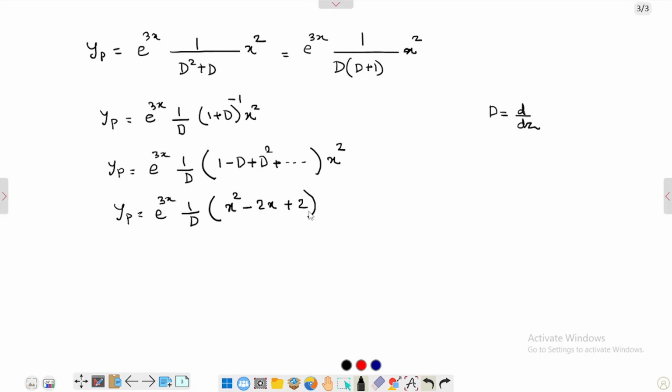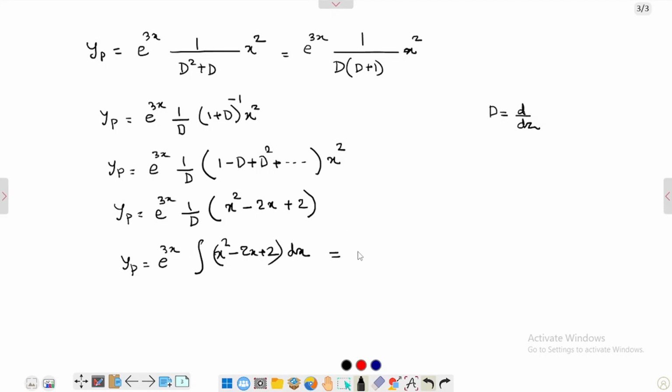Always remember that the inverse of the derivative, 1 by d, means integration. So what I will do here now: yp equal to e to the power 3x, 1 by d means integration of x square minus 2x plus 2 with respect to dx.